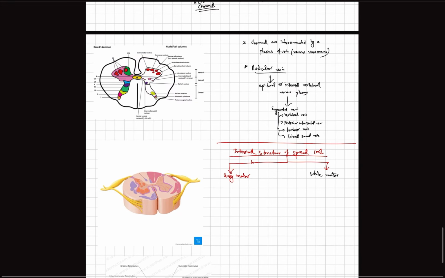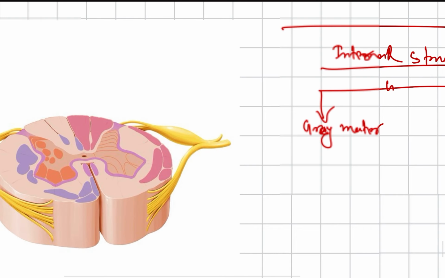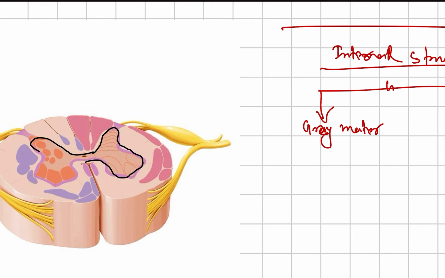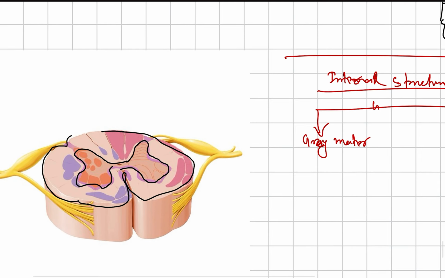When we look at this image, this butterfly shape is the gray matter, and the area beside it is white matter.